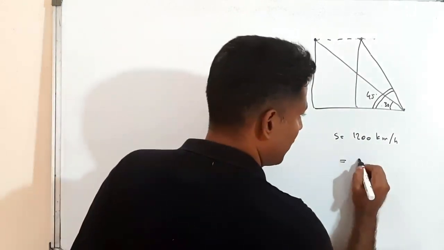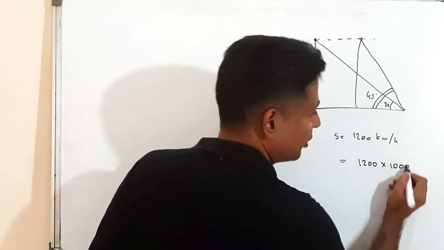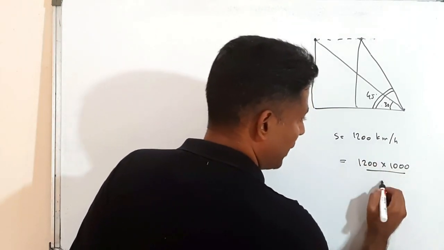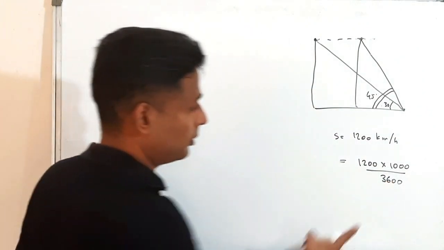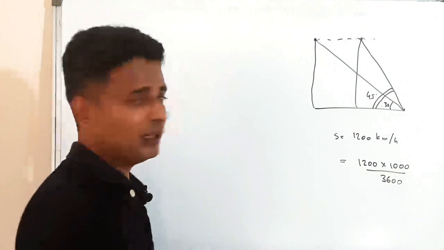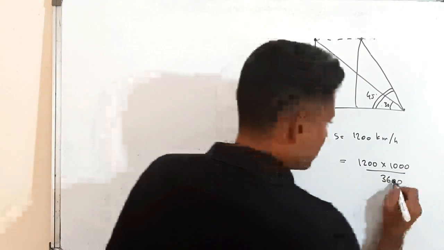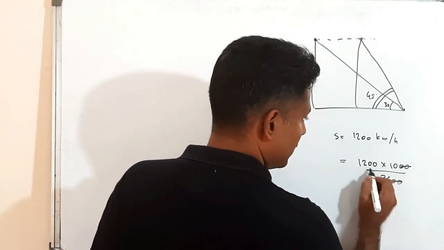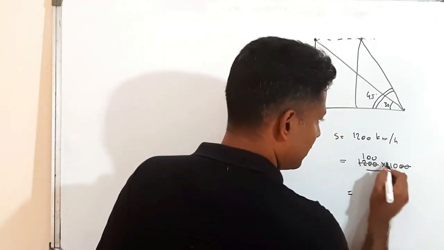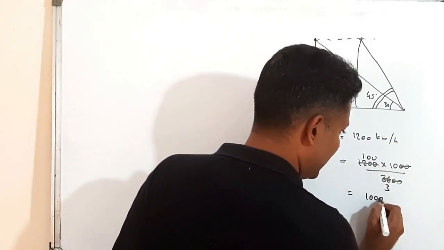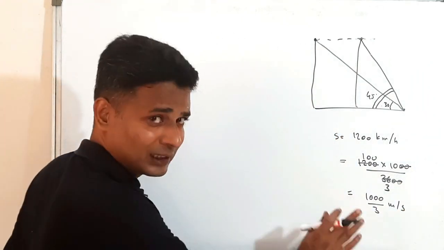So how do we convert kilometers per hour to meters per second? 1200 kilometers is 1200 into 1000 meters, divided by 3600, because 1 hour has 3600 seconds. So we get 1000 by 3 meters per second. I will not convert this to decimals, let it be like that.